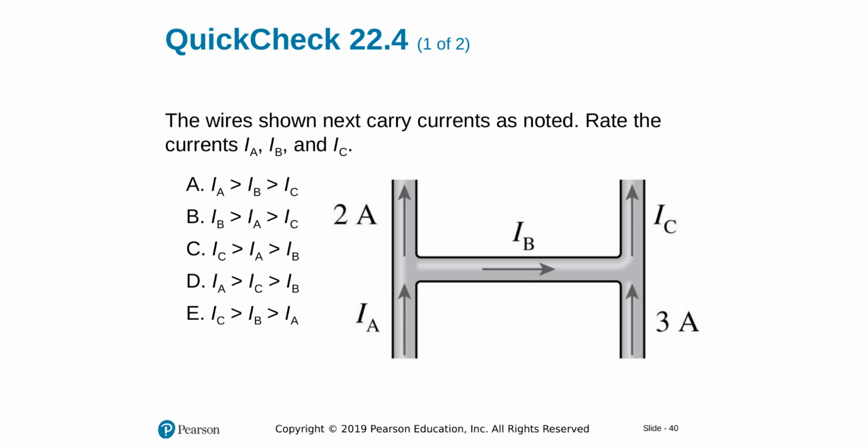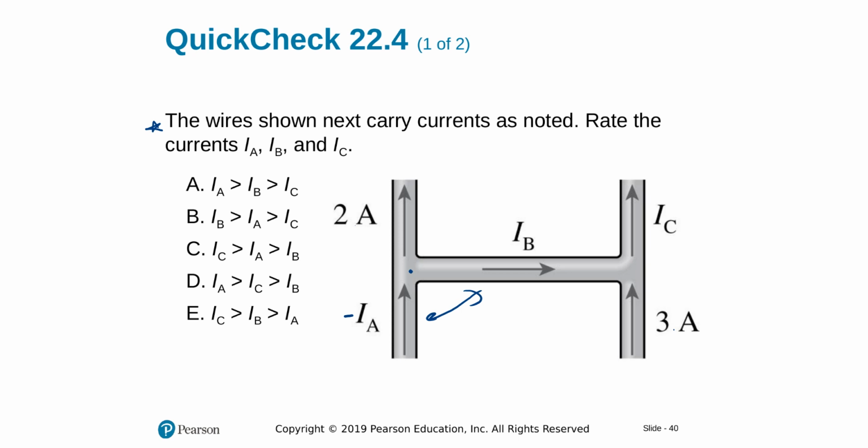There are several questions here about this in and out current. This question over here, for example, is asking us how do we compare the currents. We know here 2 ampere. We don't know these two guys.